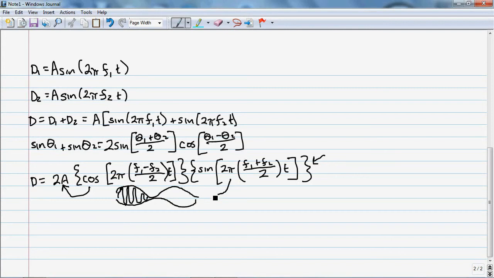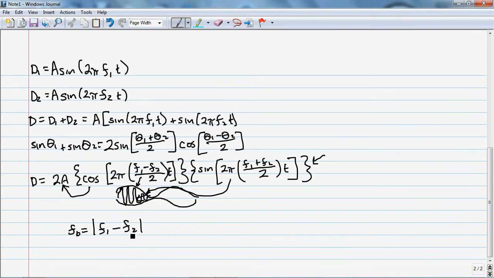So the sine part is inside, the cosine is the outer part. So the beat frequency is just equal to the absolute value of f1 minus f2.